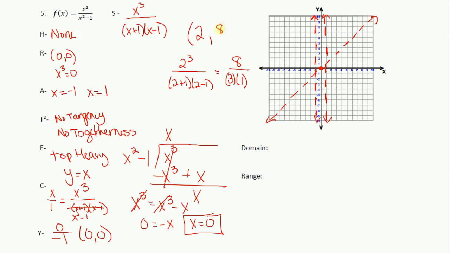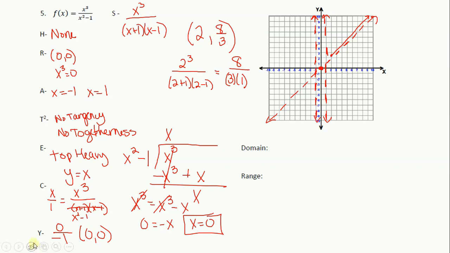So 8 over 3 would be my ordered pair, 2, 8/3. So that would be 2, 2 and 2/3. So right about here. So notice, guys, I can't cross the slant except for right here, so I am going to go forever this way.